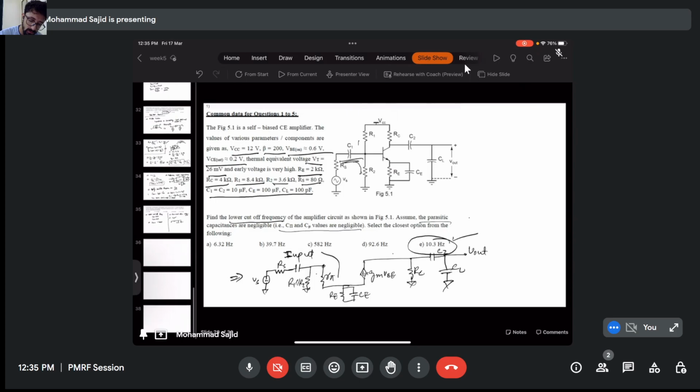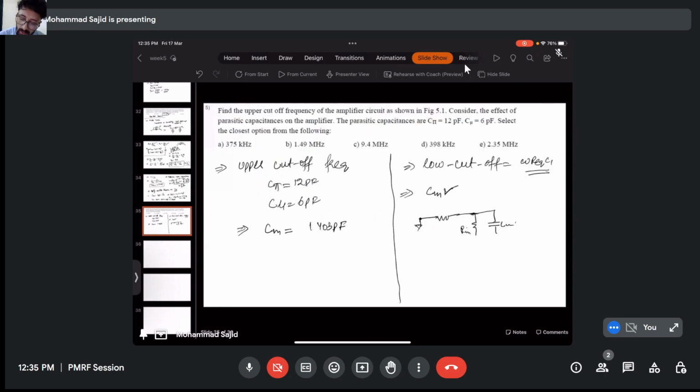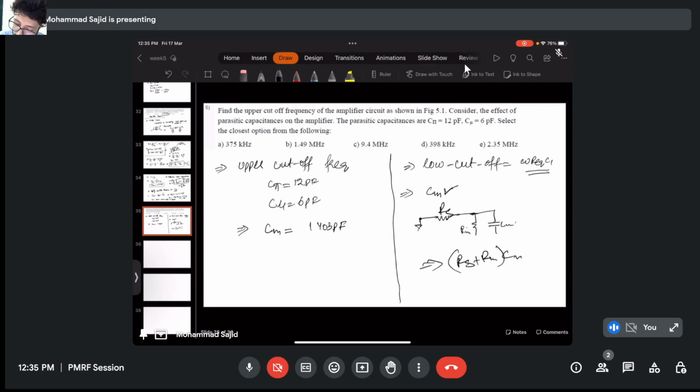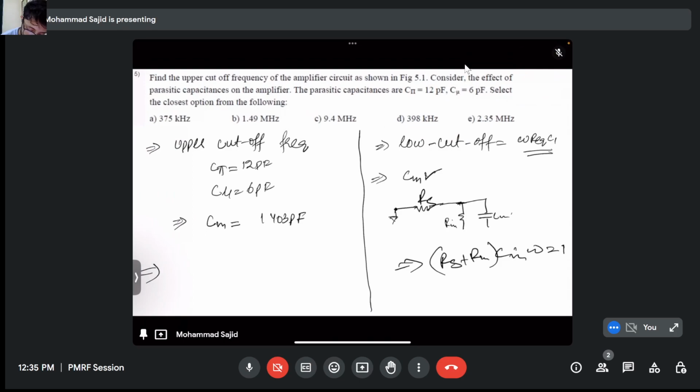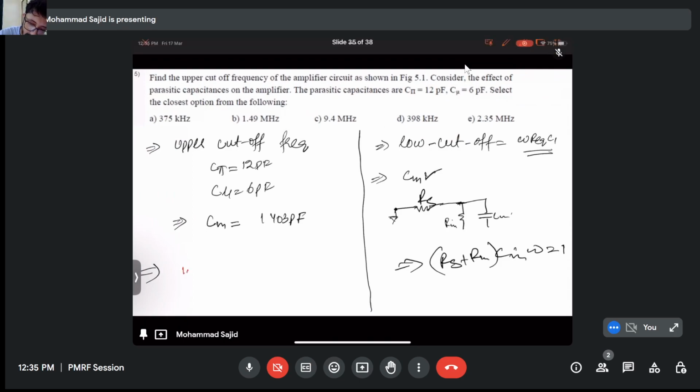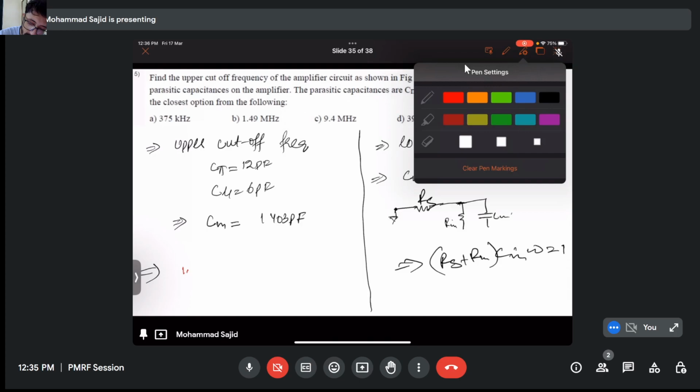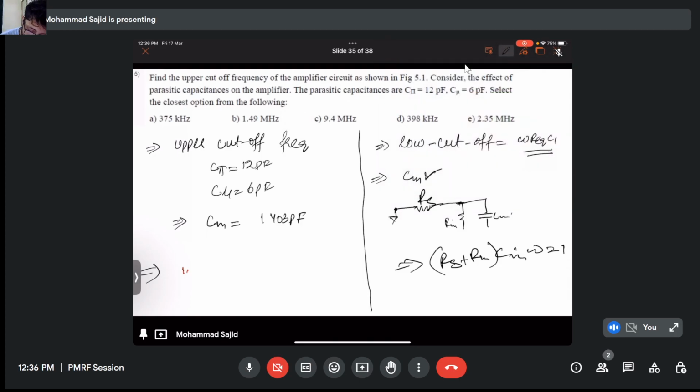I think it will be given by Rs plus Rn, C input, omega is equal to 1. So let's just calculate. It comes out to be 1.53 K.